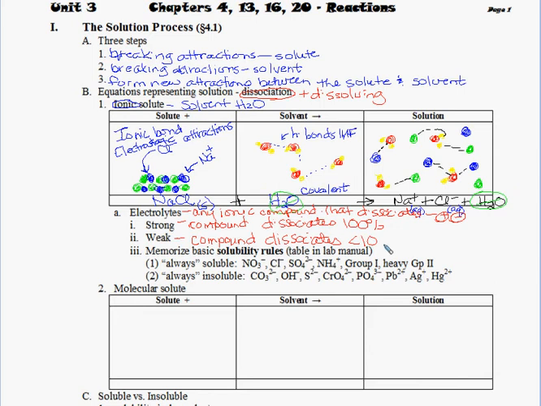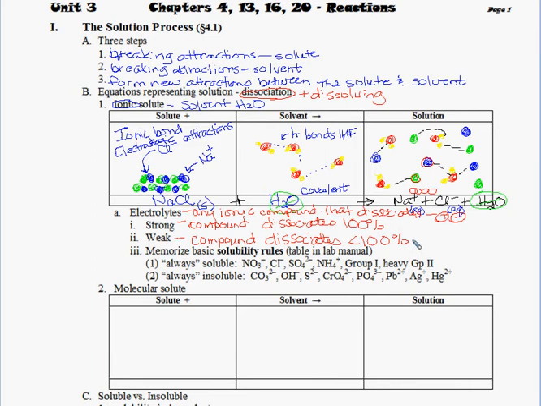And so instead of getting that nice full dissociation that we saw up here with our sodium and our chloride ions, you might actually end up with some still remaining down at the bottom. You've probably seen some of those. Those are the things that we sometimes call precipitates, or they just didn't dissolve well. And those are going to be our weak electrolytes.